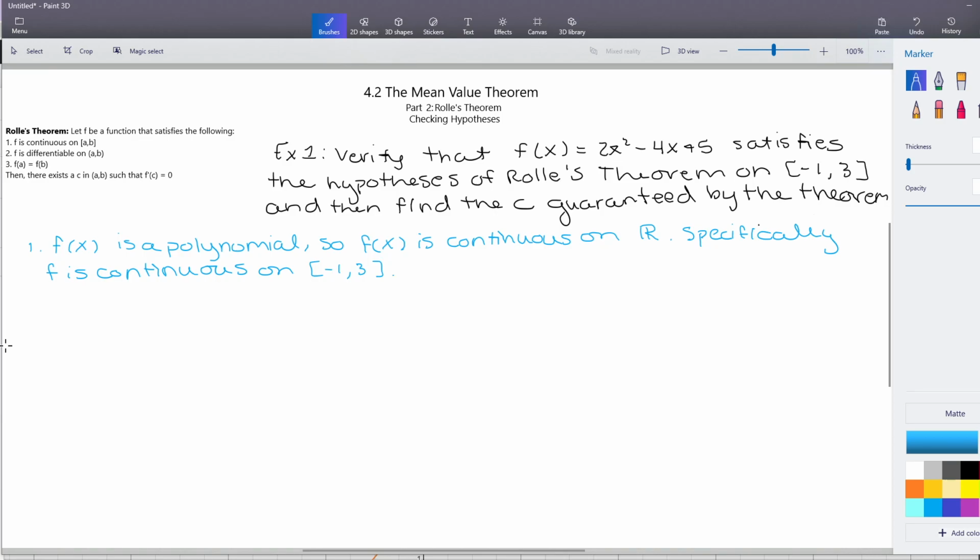Then we're going to check the second hypothesis, right? F is differentiable on AB, the open interval. Okay, so we're going to look at f prime of x. Now in this example, we can just say what f prime of x is. So that would be 4x minus 4. Okay.